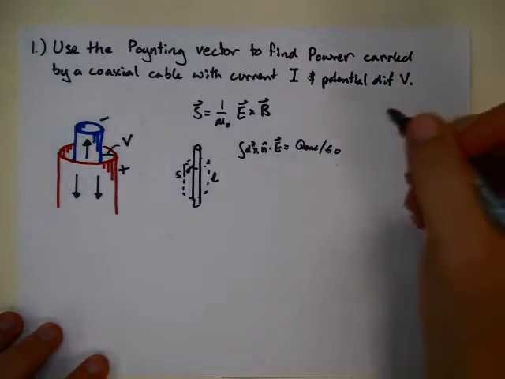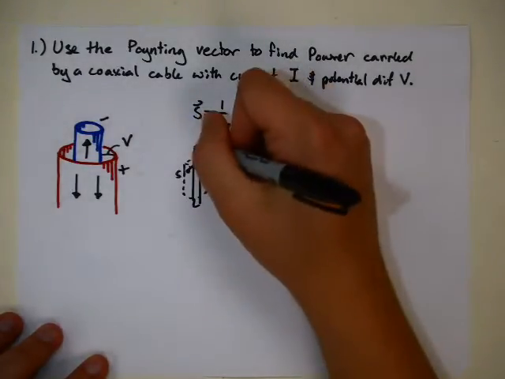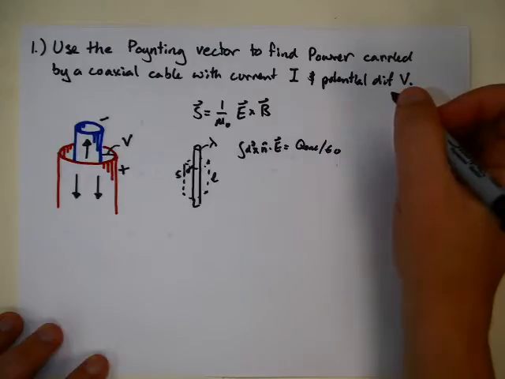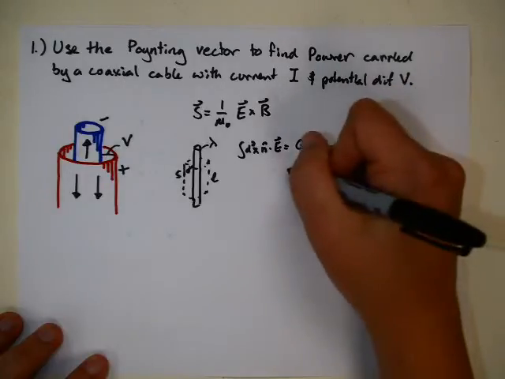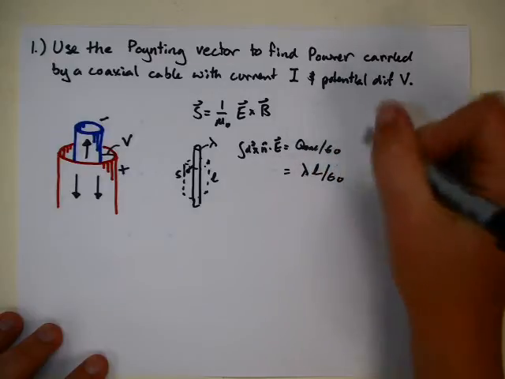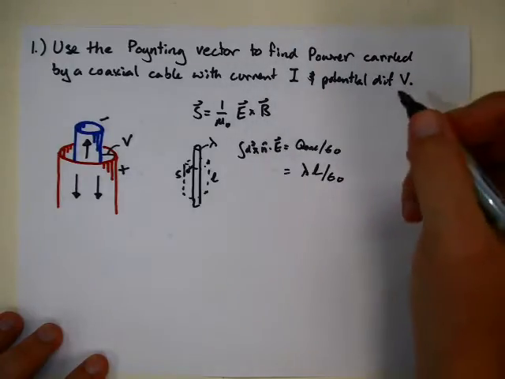So the charge enclosed is easy. It's just going to be whatever the linear charge density lambda is, times that length. So that side is going to be lambda times little l, over epsilon naught. This side is not bad as well.